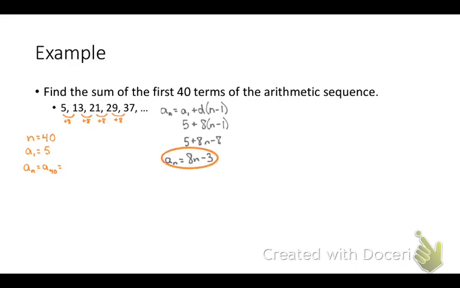What do I need to do to find the 40th term? 40 times 8 minus 3. So the 40th term is 317.